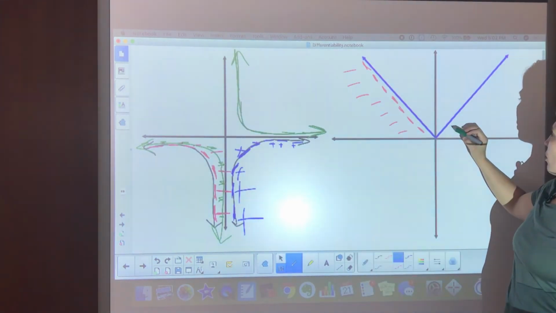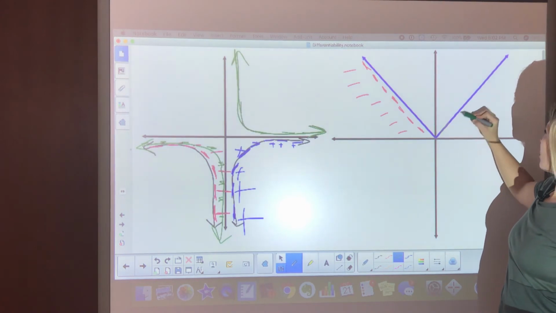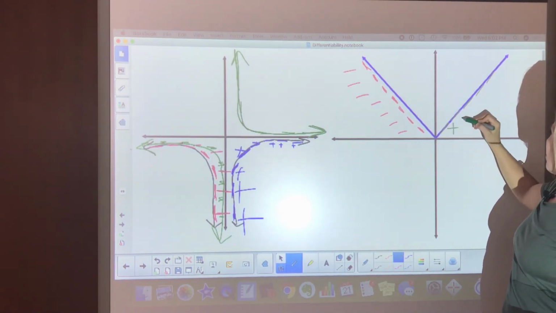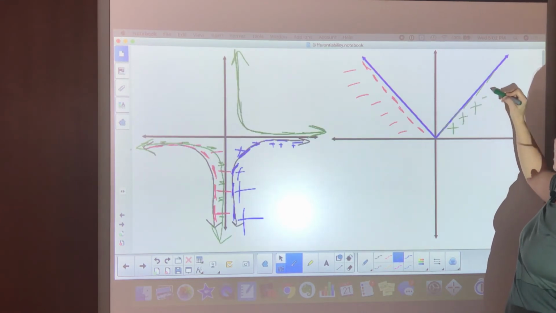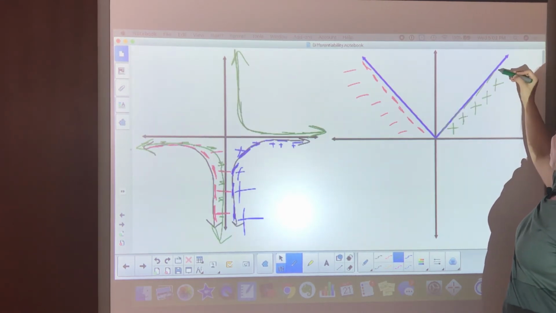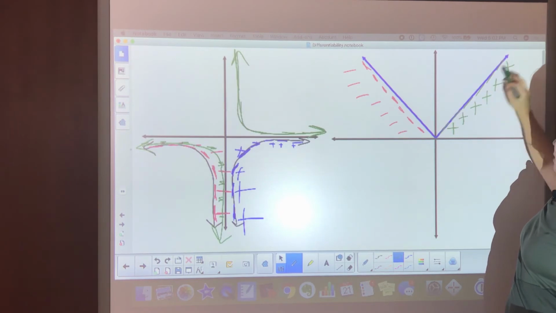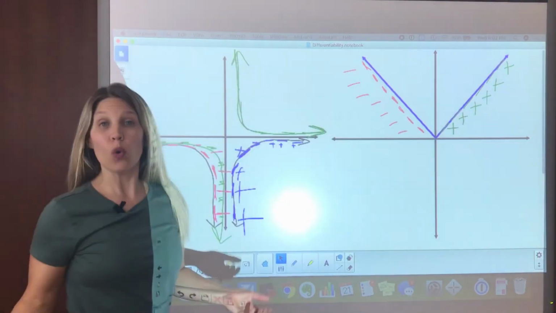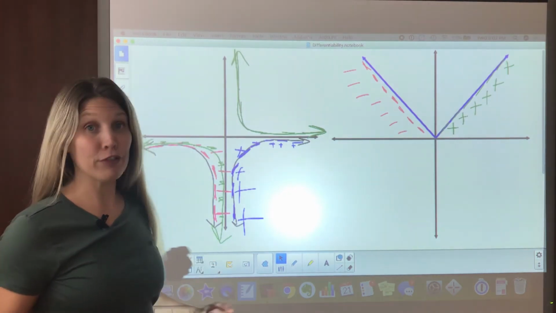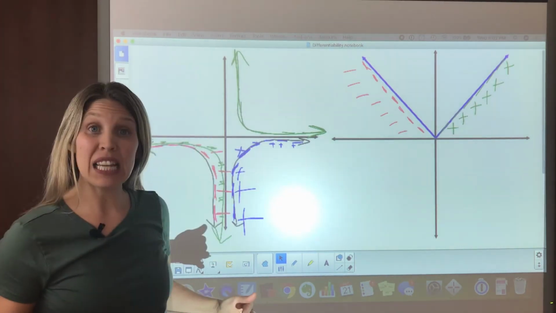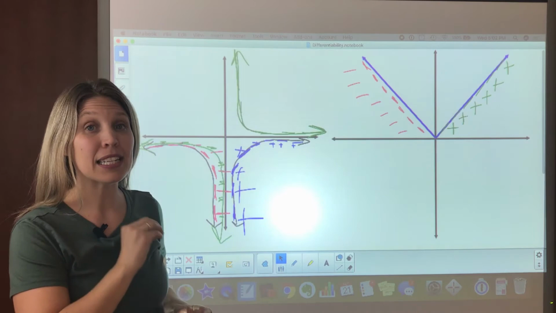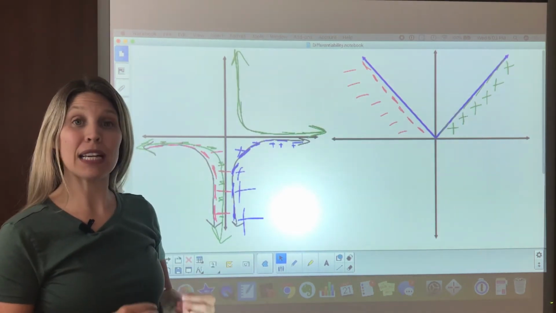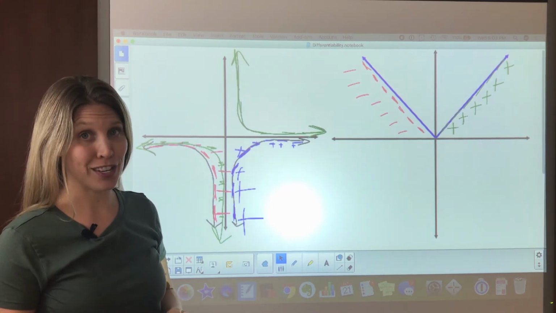Now let's look at the one on the right. These slopes are constant and these slopes are positive. They are all the same value because the slope is exactly the same in this kind of straight line. So what does that do for our graph? Well, on the left-hand side, we have a constant negative number, and on the right, we have a constant positive number.